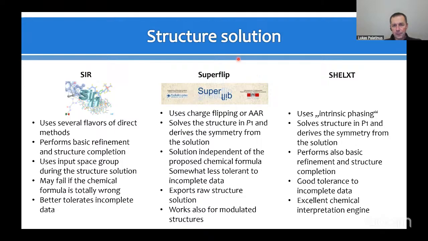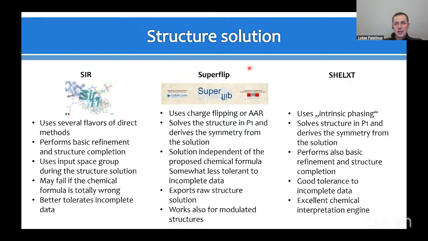There is Superflip, that we developed first in Switzerland, and now we maintain it in Prague, which is based on the charge flipping algorithm, also a dual space iterative algorithm. And of course the most widely used program, ShelXT, that is also using a dual space iterative algorithm called intrinsic phasing.